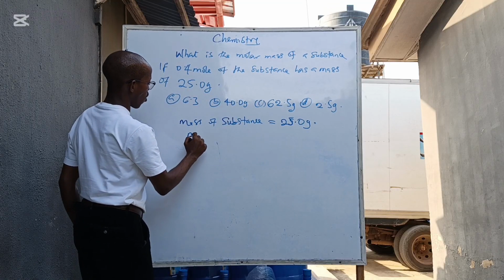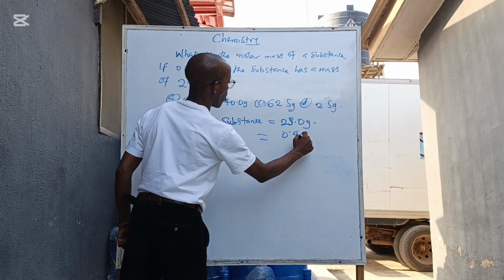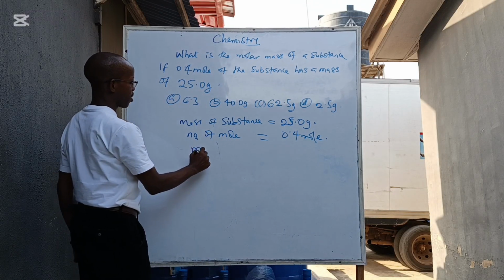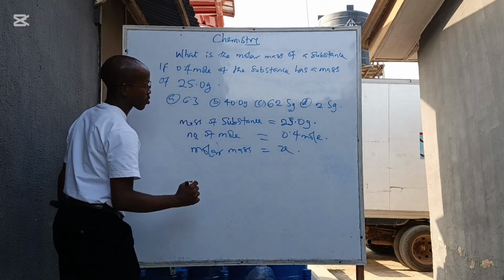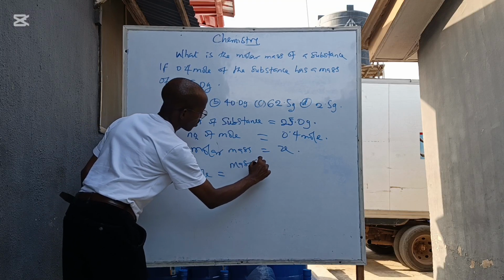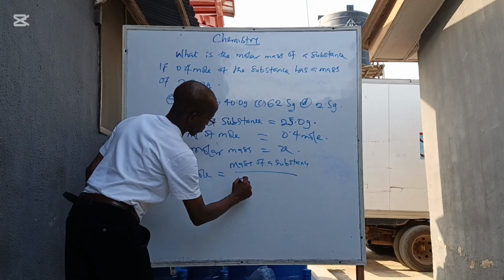The number of mole is what? 0.4 mole. So what we are looking for is the molar mass. So molar mass is X. So you just say mole is equal to mass of the substance all over molar mass.